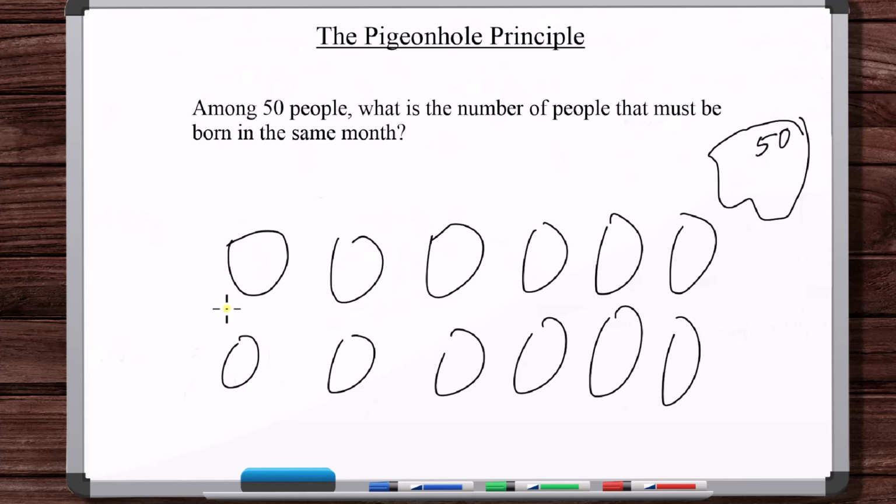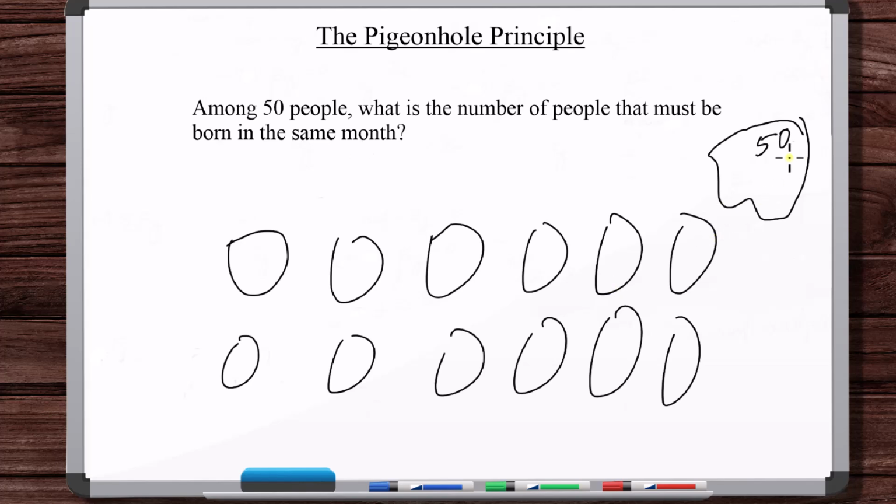But with these pigeonhole problems, it's always the worst case scenario you're trying to figure out. If they're all spread out as much as they can possibly be spread out, then it must be the case that there's no way one of these pigeonholes can have less than this number. There's no way around it.